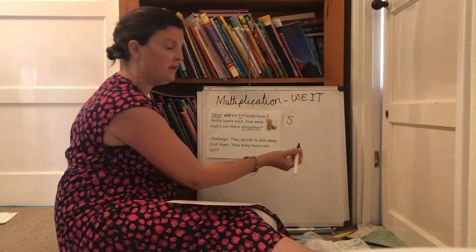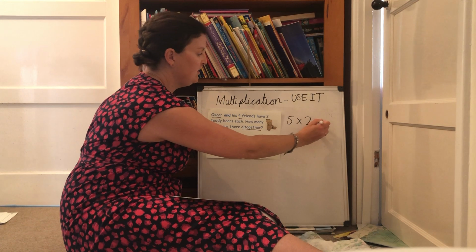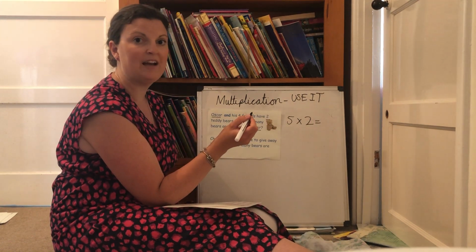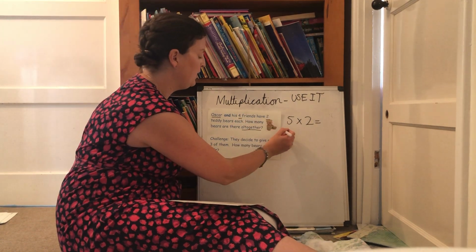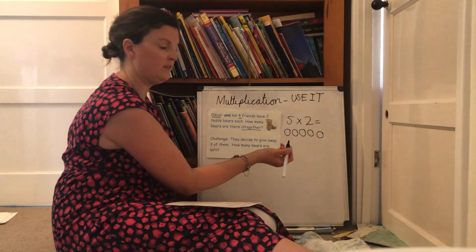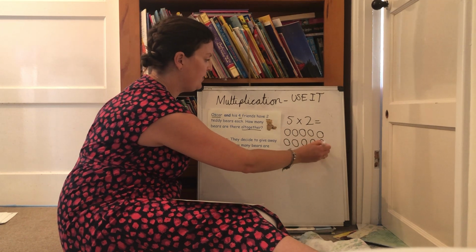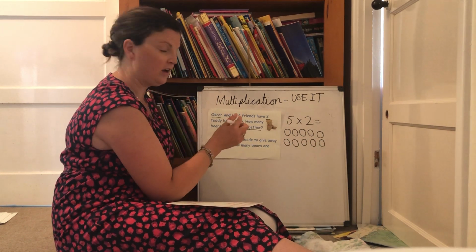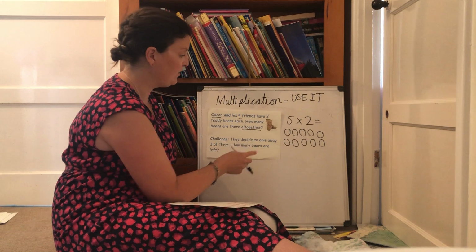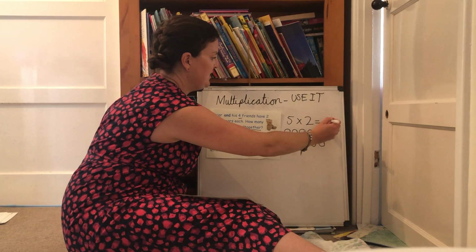And each of them has 2 teddy bears, so 5 times 2. And now I need to draw an array to help me work that out. So 1, 2, 3, 4, 5. 1, 2, 3, 4, 5. Now I know how to count in my tens, so 5 and 5, that makes 10.